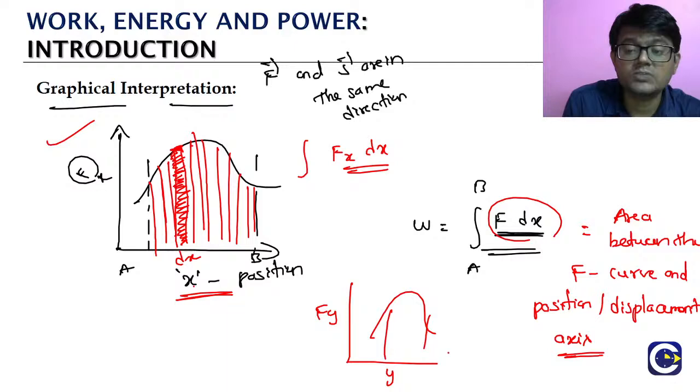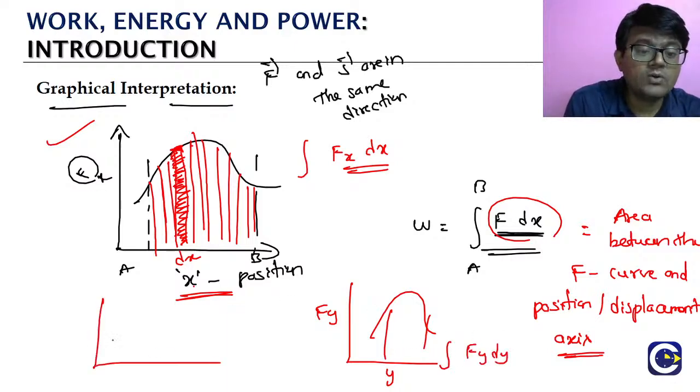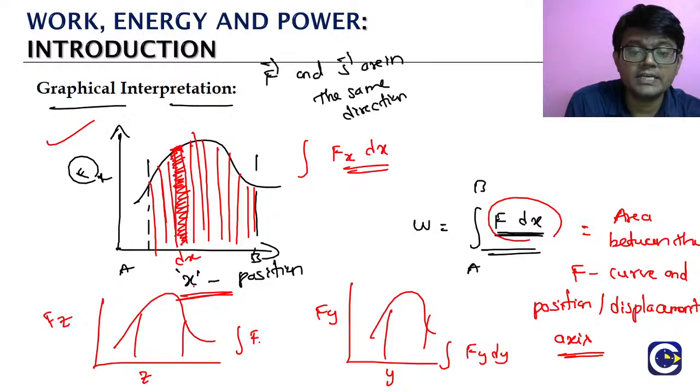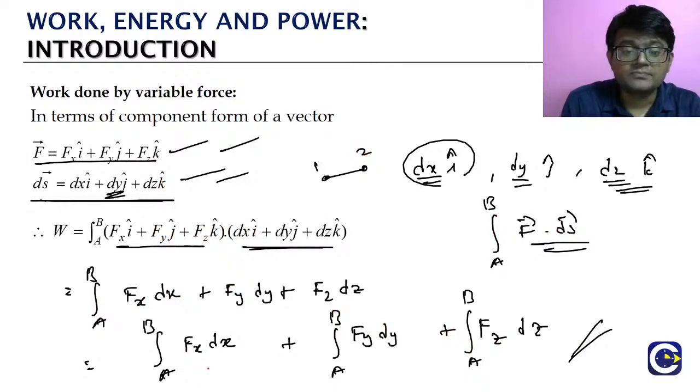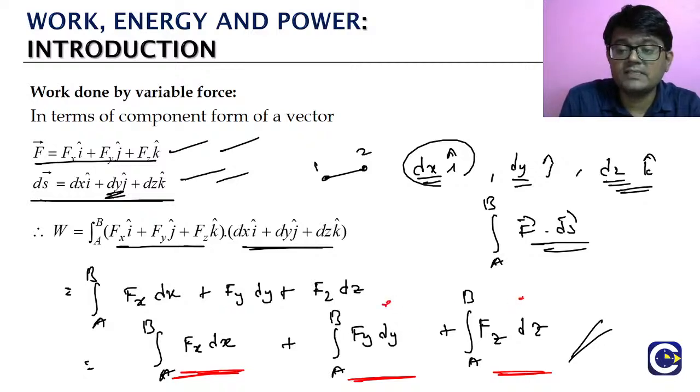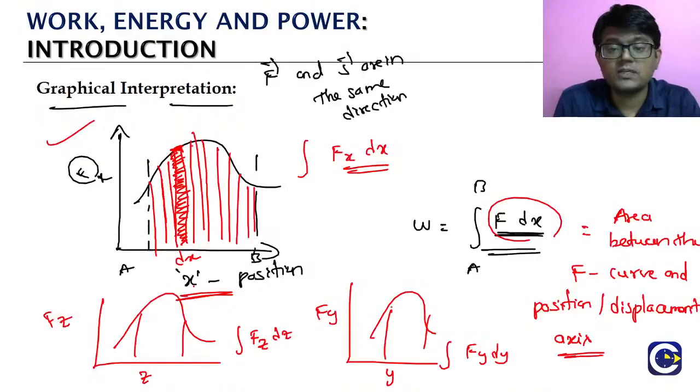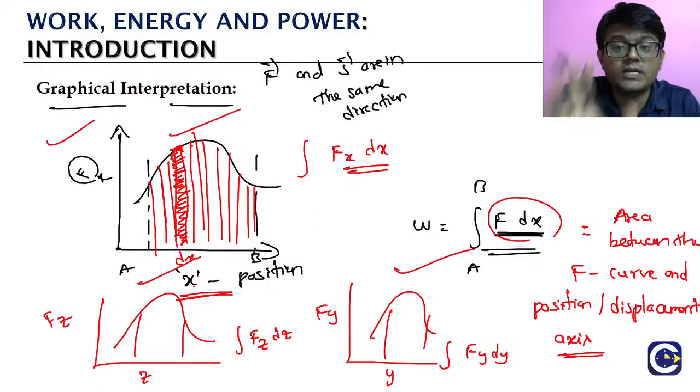The area will give us integral fy dy. Then the z component of the force along with the z coordinate. That area will give us integral fz dz. The overall work done is integral fx dx plus integral fy dy plus integral fz dz, which means this area plus this area plus this area will give us the total work done.